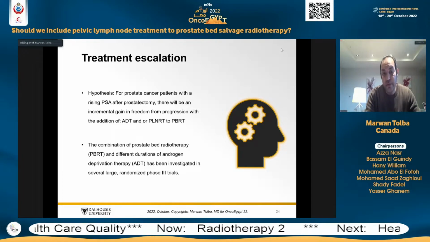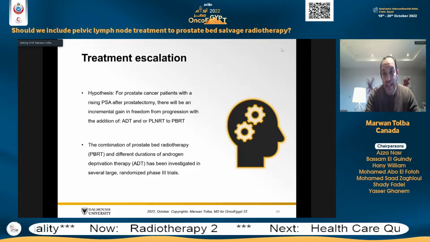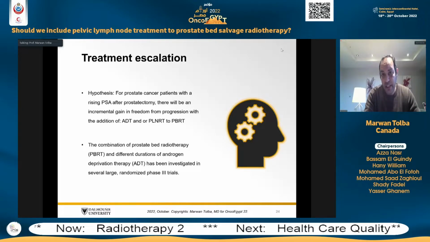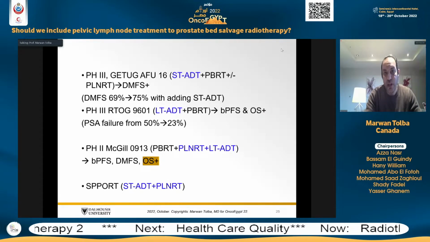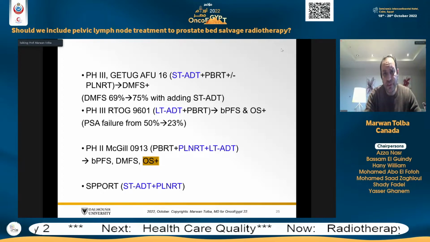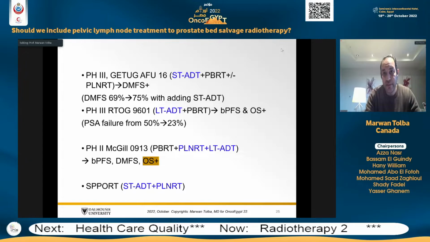The hypothesis is, if we escalate either with ADT, with pelvic lymph node radiation, or with dual escalation, can this improve our outcomes? That was a matter of debate and investigation in a few trials that investigated the ADT, not the lymph node radiation.